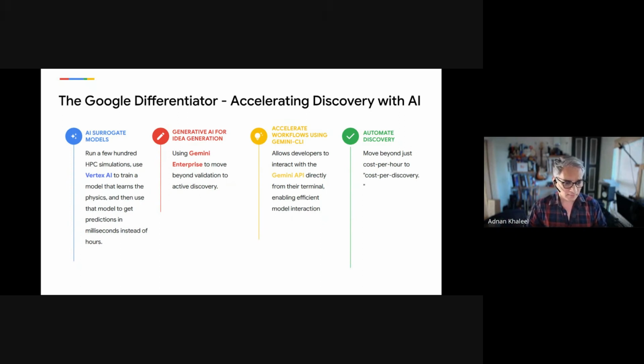Google has a lot of tools that you can use to do something like that. And Vertex AI, if you're not familiar with it, I'd highly recommend that you go and look at it, because it allows you to do exactly that.